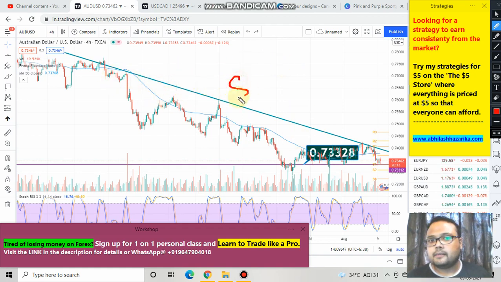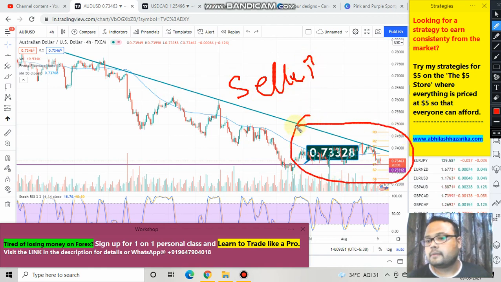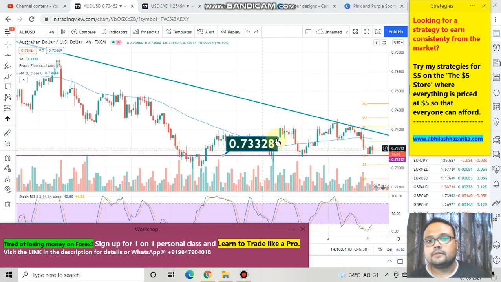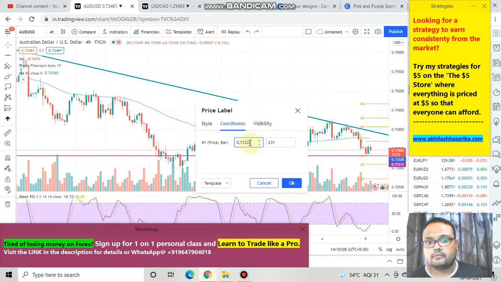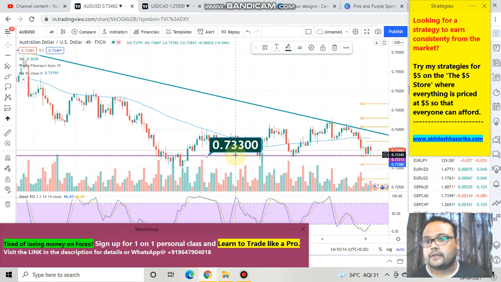Overall, the number of sellers may be high, but in this particular portion of the market, the number of buyers and sellers is almost equal, because you can see this price level, 0.7330. Okay, this is the support for the market, and you can see that this level is trying to provide support to the market whenever the market is coming down.